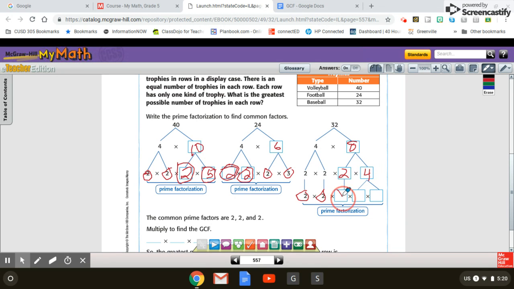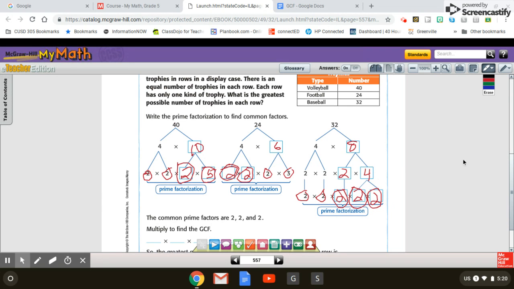Once again, I would just circle it so that I know that it's done. They did it this way. We break the 4 into 2 times 2. Okay, so our prime factorization of 32 is 2 times 2 times 2 times 2 times 2, so 5 2's.